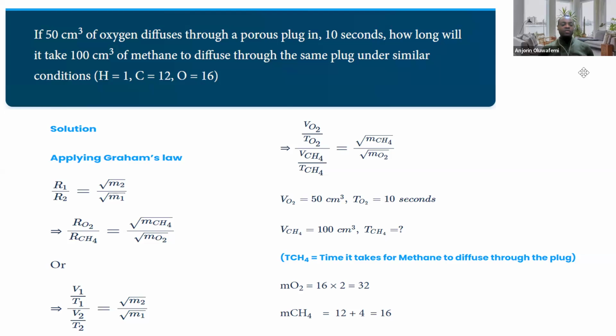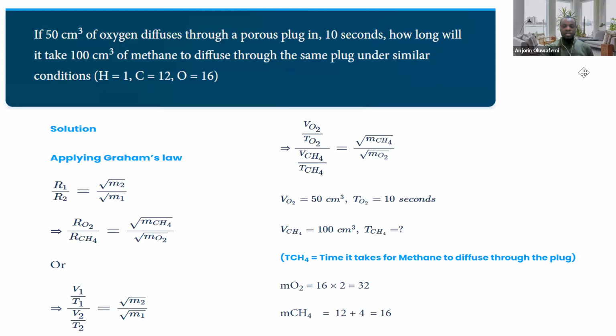So applying Graham's law of diffusion, what we are looking at is R1 over R2, which equals square root of M2 over M1. So rate of diffusion of oxygen over rate of diffusion of methane equals the square root of the relative molecular mass of methane divided by the relative molecular mass of oxygen. So when you plug in the individual values, we try calculating the relative molecular mass.